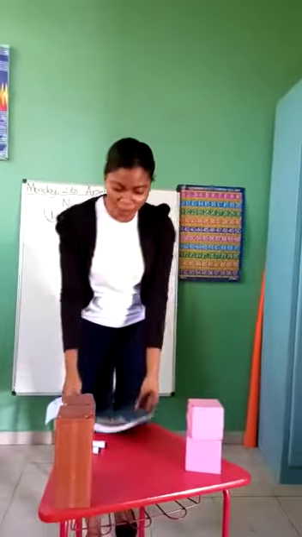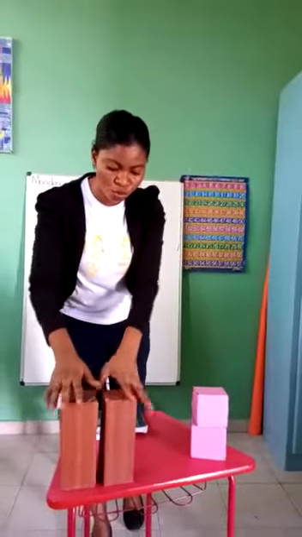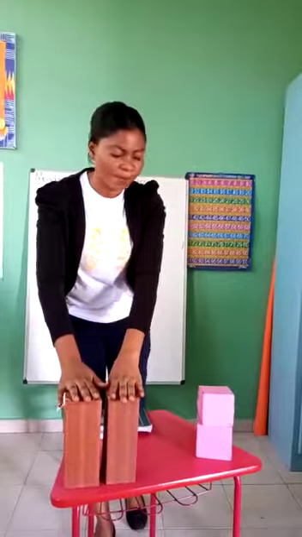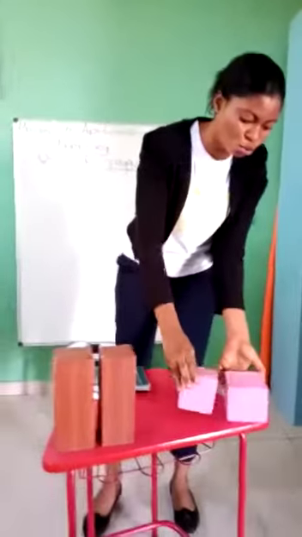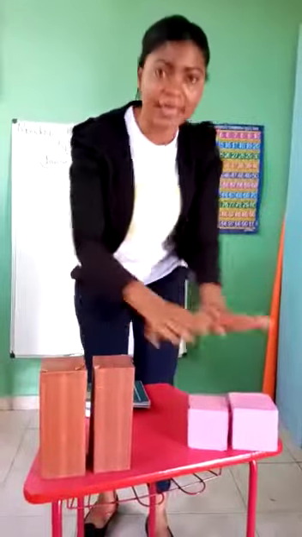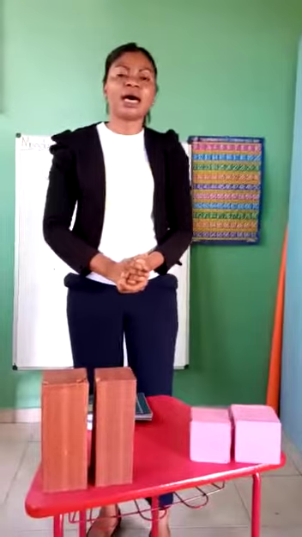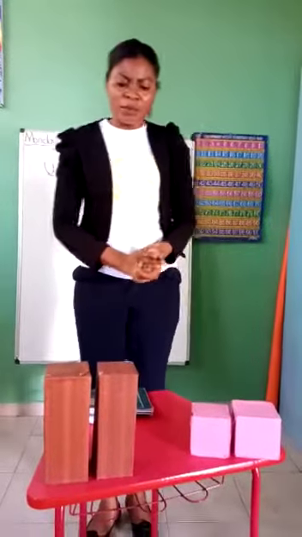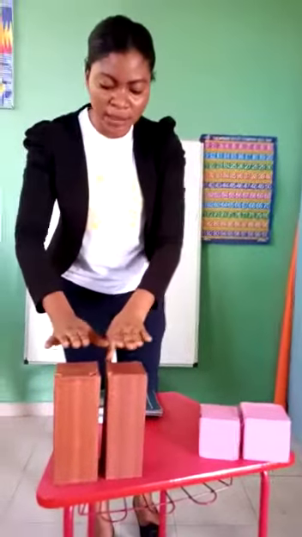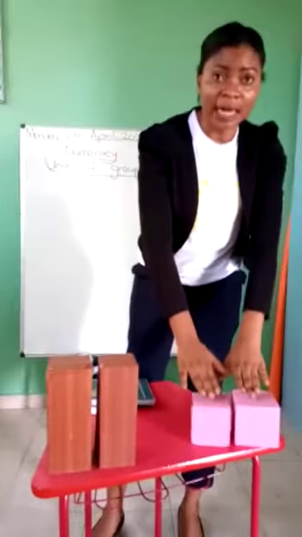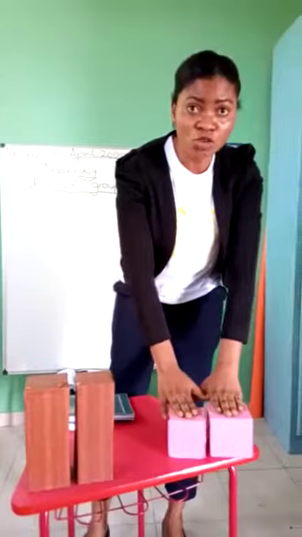1, 2. Okay, good. Now, we have 2 objects here, and then we also have 2 objects here. Now, we want to add this and this together. But first of all, we have to count the total number of objects in this group, then we count the total number of objects in this group before we put it together.